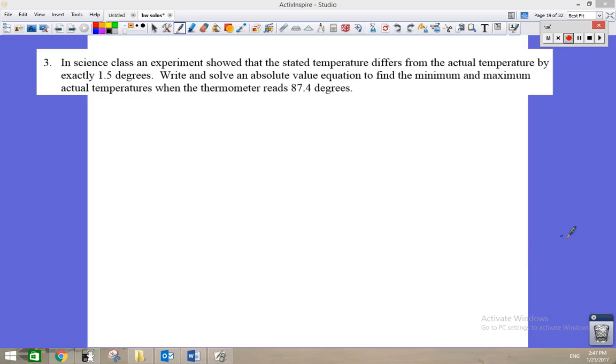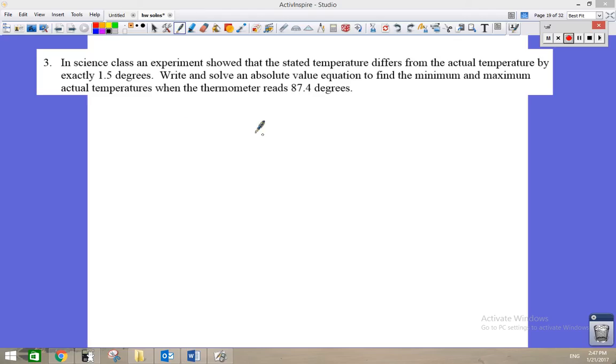In a science class, an experiment showed that the stated temperature differs from the actual temperature by exactly 1.5 degrees. Write and solve an absolute value equation to find the maximum and minimum actual temperatures when the thermometer reads 87.4 degrees. All right.